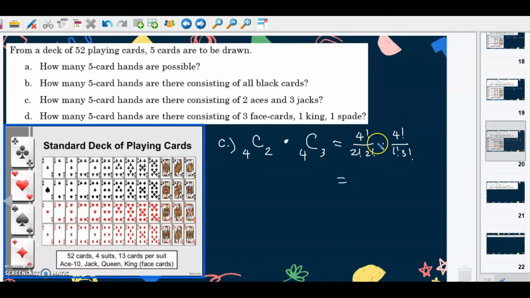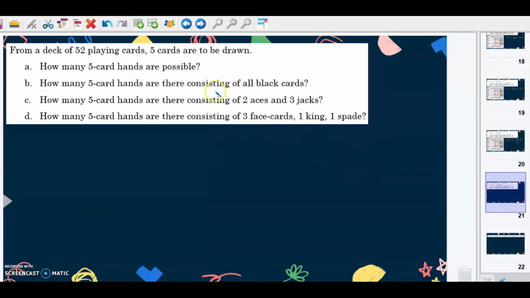Then if we further simplify this, this will give us 24. That means there are 24 ways we can have 5-card hands that consist of 2 aces and 3 jacks. So for the last item for this problem, we consider letter D.